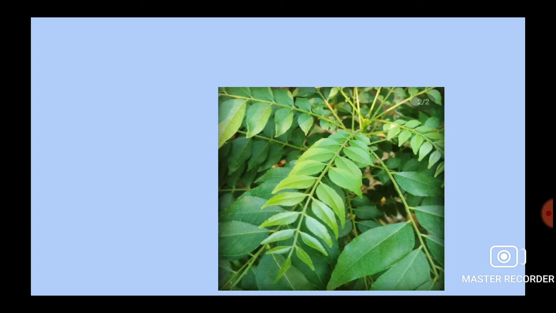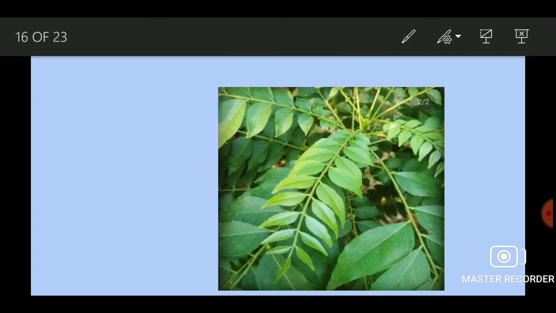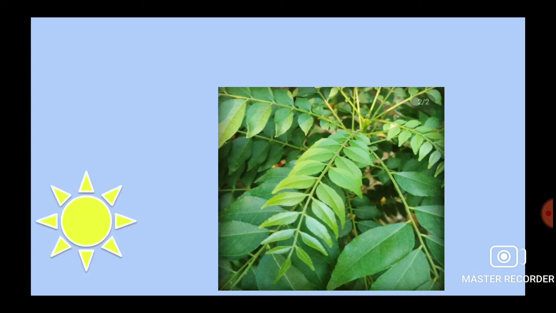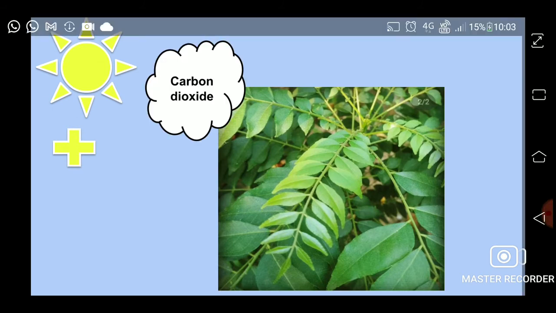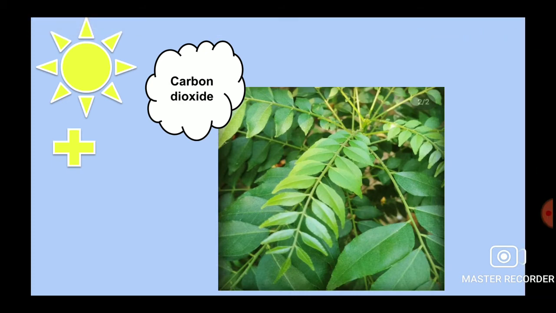And how does that happen? Let us see that. So first of all, we will need sunlight. And where do we get that from? Yes, of course, from the sun. So sun gives us sunlight. But is that enough? No. We need something else as well. Like a gas. Yes, the gas here is carbon dioxide.